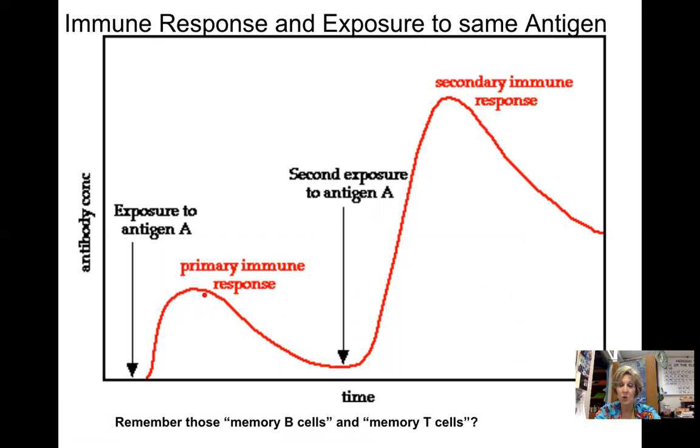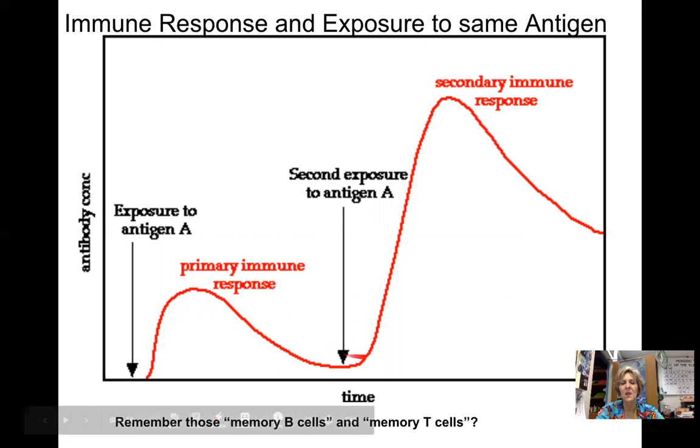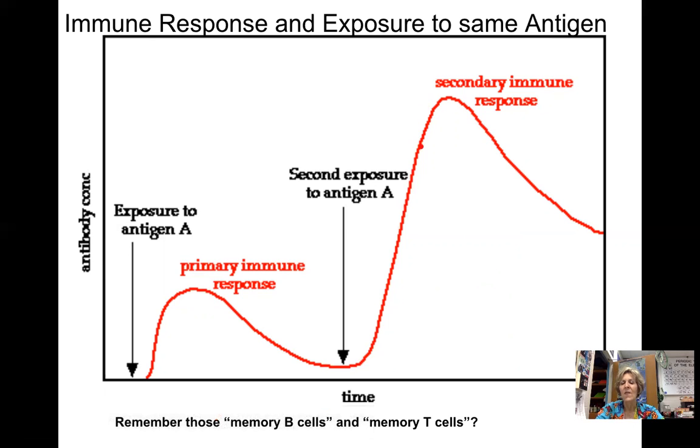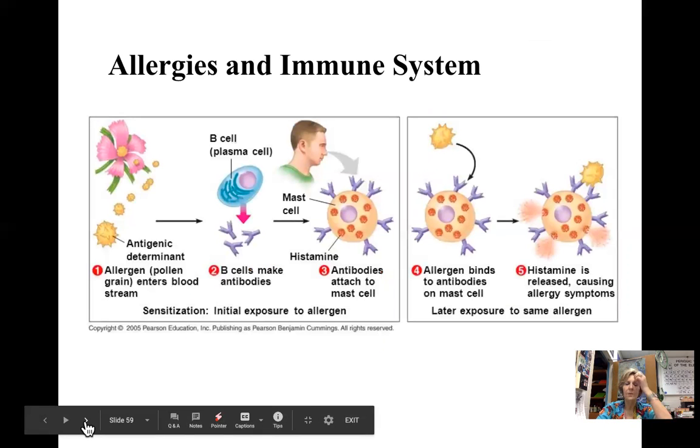And because you're not dead yet, obviously it works, right? And so then things settle down. But if you are exposed to that antigen again, this time because of your memory T cells and your memory B cells, you have a very quick and immediate secondary immune response that you wouldn't even know you were sick because it so quickly comes on and destroys those invading pathogens.